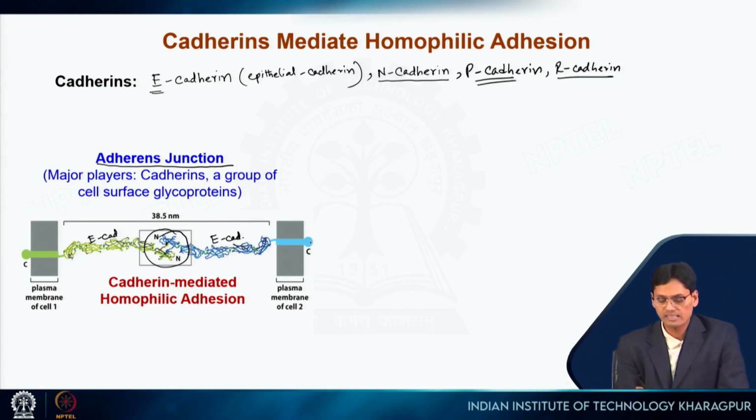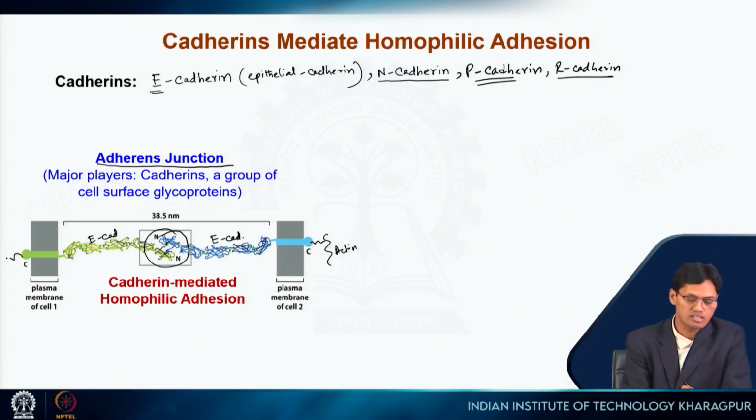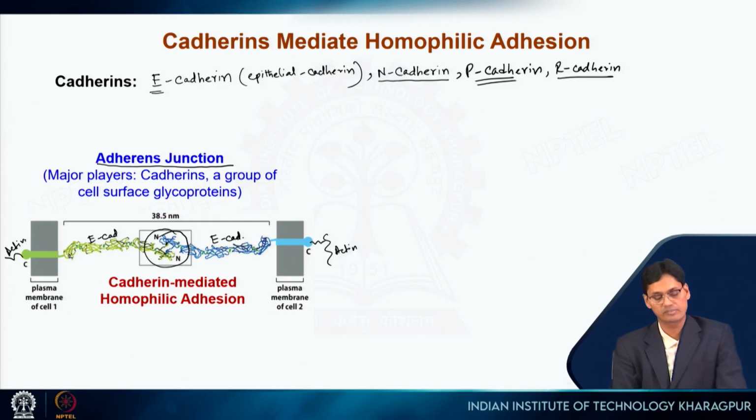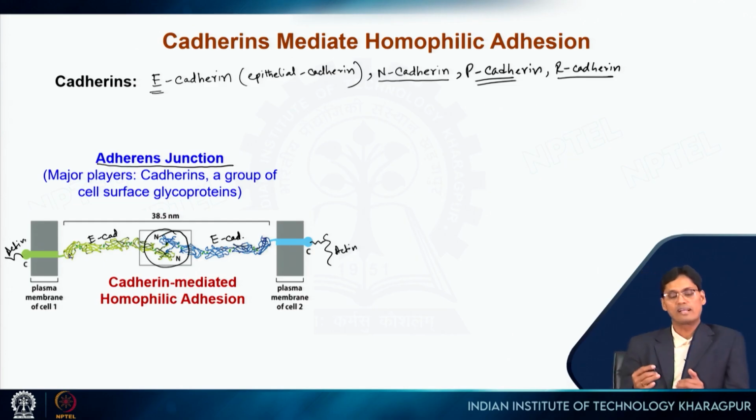On the C-terminus they are attached to the actin cytoskeleton, the actin bundle. Similarly, here also they are attached to the actin cytoskeleton. That way cadherin mediates this homophilic adhesion.